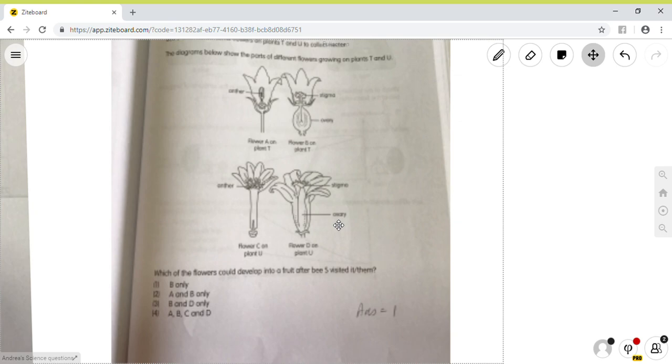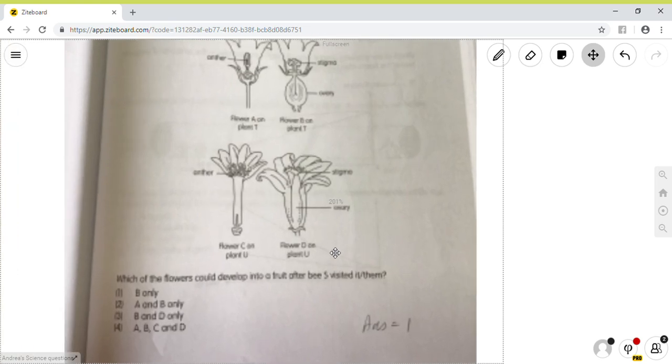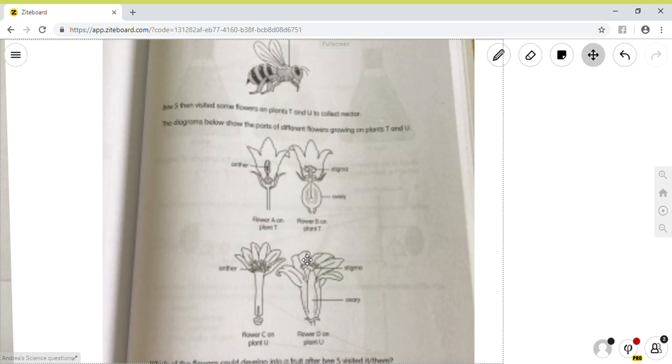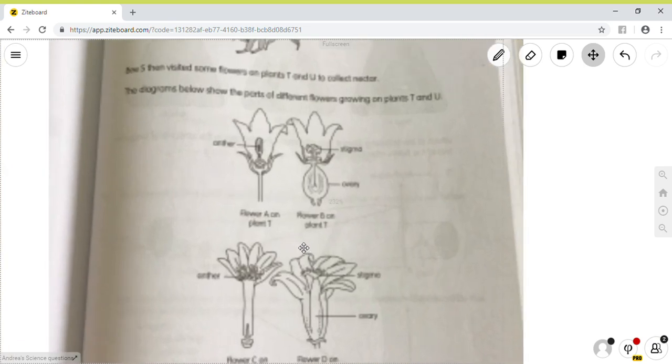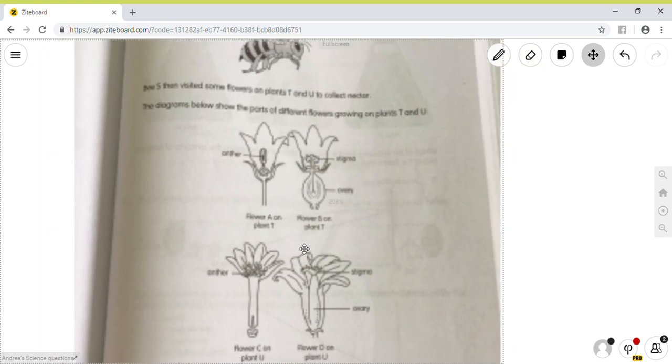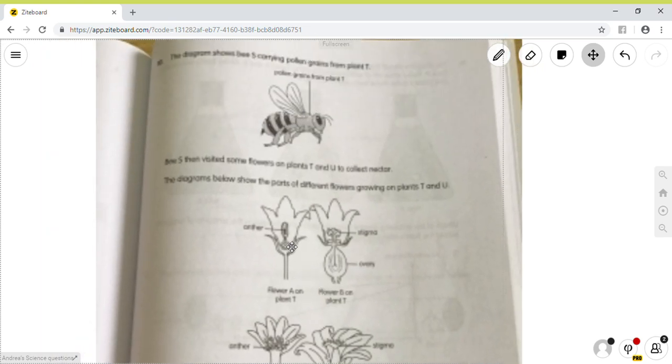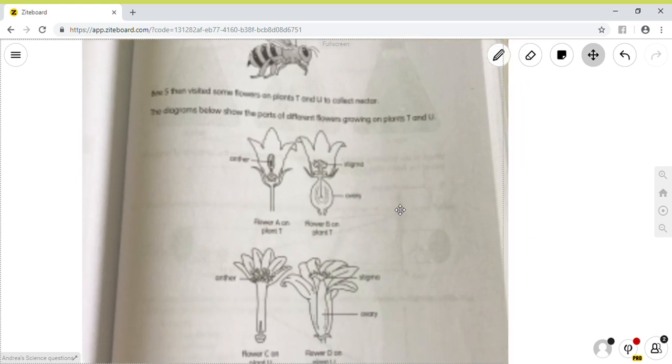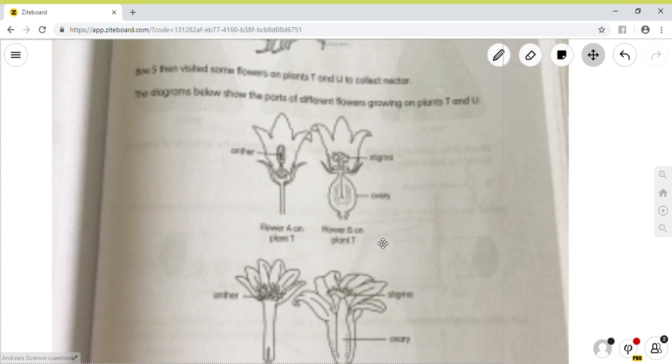Which one could develop the fruit after B S visited them? Flower A. Let's start. Stigma, ovary, okay.